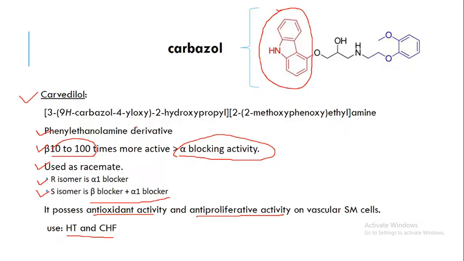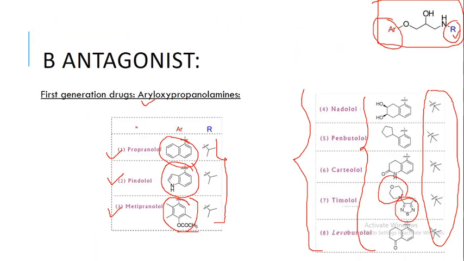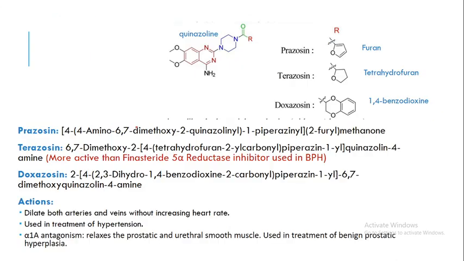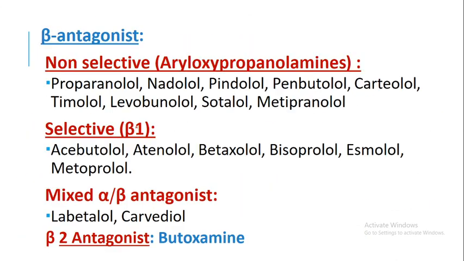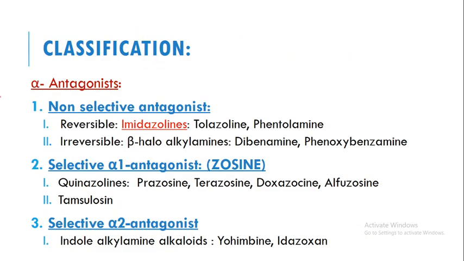So students, this is all about sympatholytic agents, where the important point is the classifications, which are more important. Non-selective antagonists, selective alpha 1 antagonists, selective alpha 2 antagonists, such kinds of questions are asked.